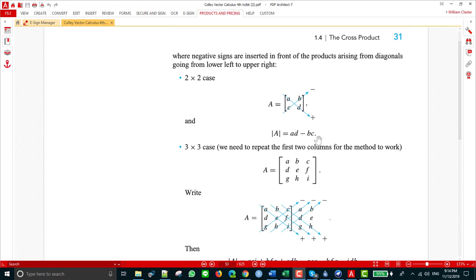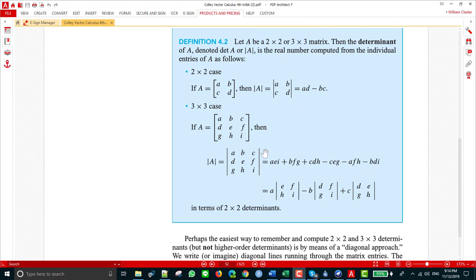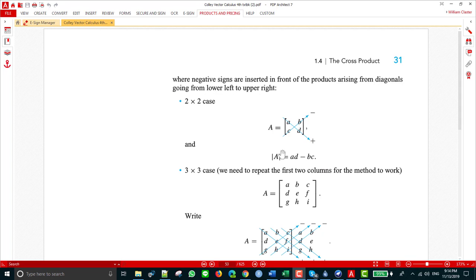And then they say there's another way to think about this. We already know the formulas here, but you can also get the same answer by doing this. You take the diagonals. We said it was AD minus this one, so that's what we get here.